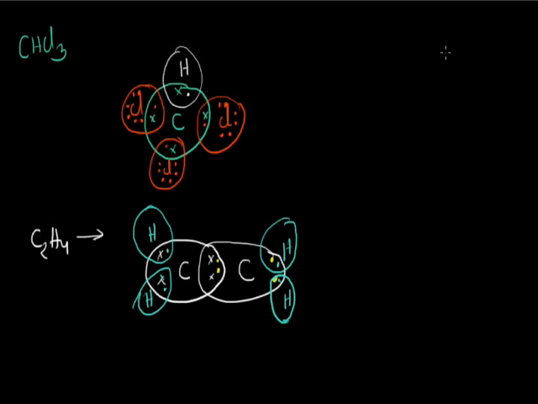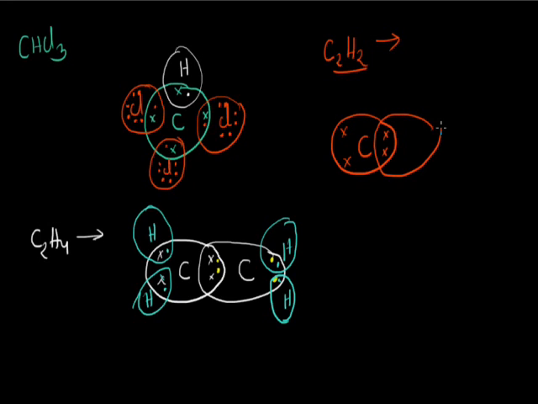Now the third one is C2H2, that is acetylene. Here again 2 carbon atoms. The first carbon atom has 4 valence electrons: 1, 2, 3 and 4, and the next carbon atom again has 4 valence electrons: 1, 2, 3 and 4.